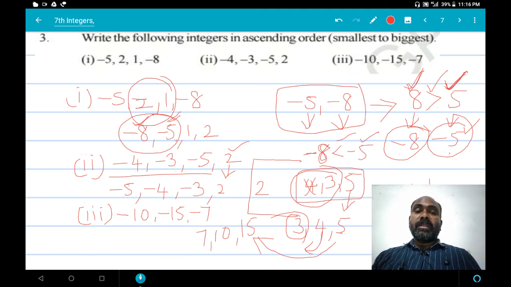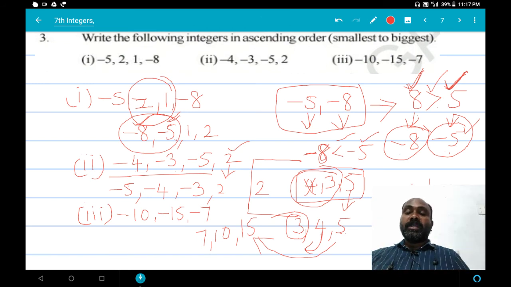But here we want smallest to biggest, so minus 15 is smallest, minus 10 is next, and minus 7 is last. So in ascending order: minus 15, minus 10, minus 7.